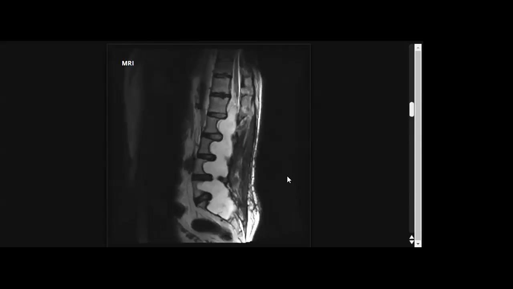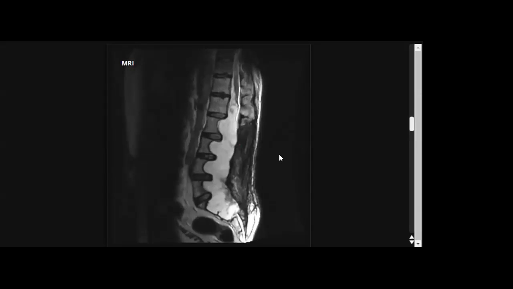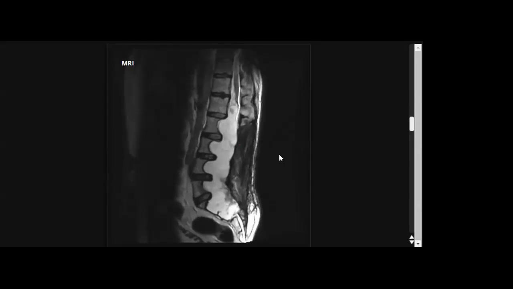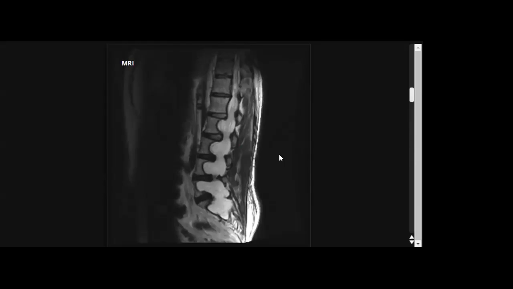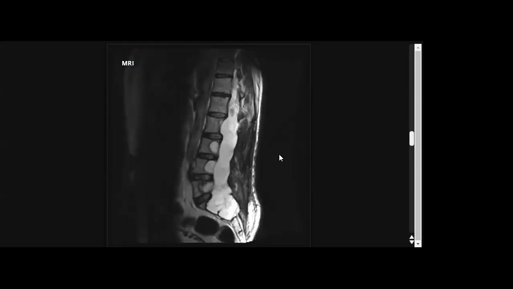Well, the conus medullaris seems to have an adjacent hypointense signal. If contrast-enhanced images are available, I would like to confirm if there is any enhancing conus medullaris lesion.